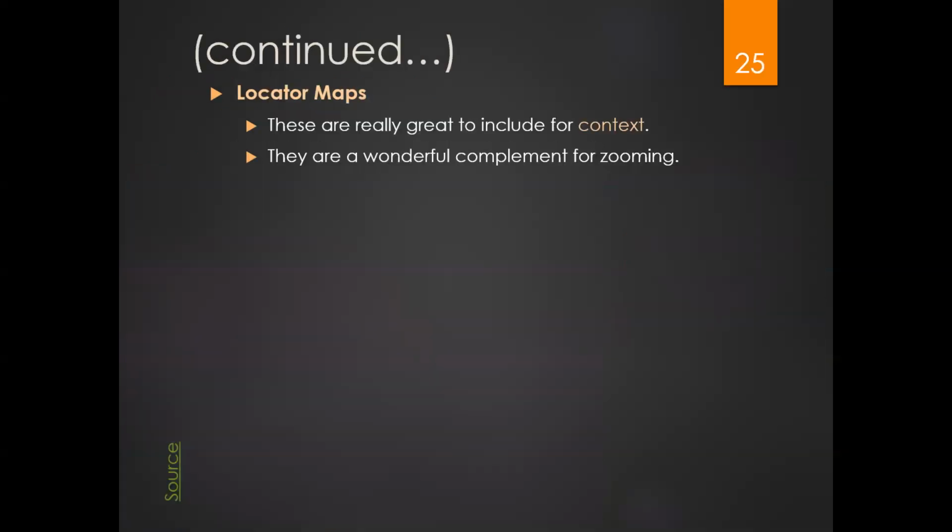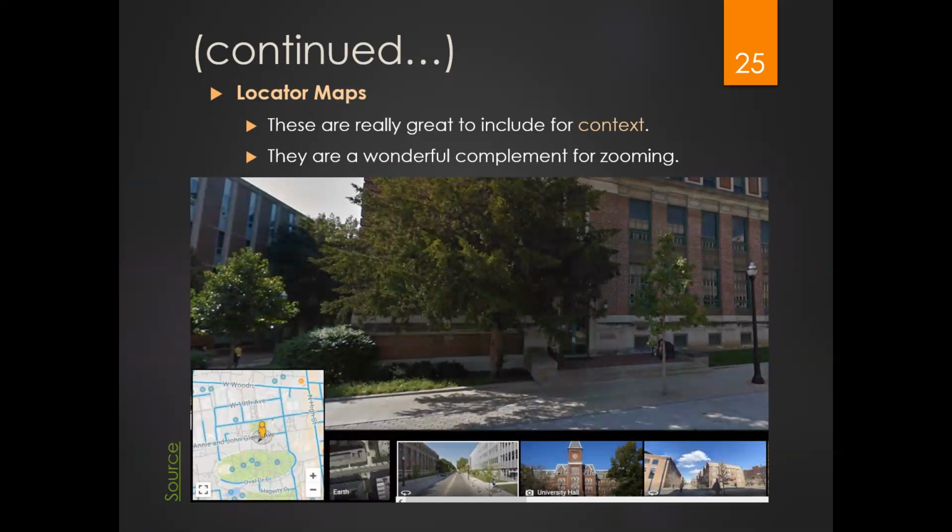And locator maps, this is common. This is not exclusive to web maps, which means you can just add a small map in a corner of your map to show the surrounding area of your area of interest, or a smaller part of your area of interest, just like this, right?